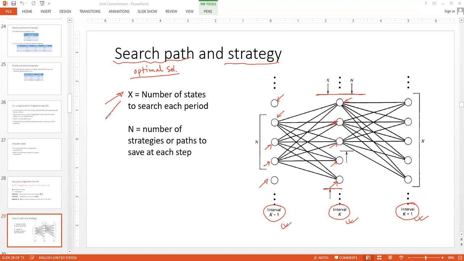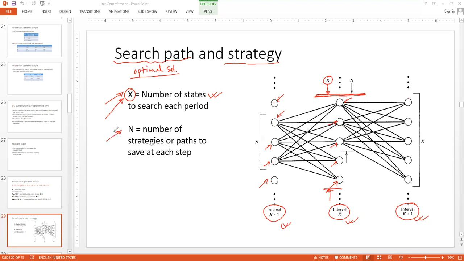That decision will be taken care of. That number is reflected by X. So here you can see all the 5 nodes, starting from here up to here, are denoted by X. So all the 5 nodes we are searching at each interval. X remains as 5 in this example, in this diagram.